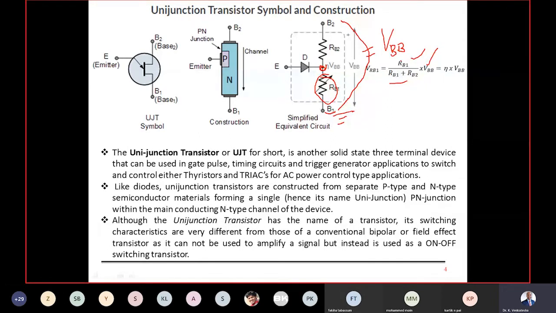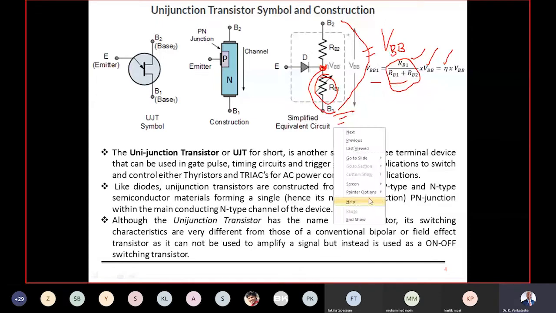The ratio RB1 by RB1 plus RB2 is called eta, the intrinsic impedance ratio, eta. And VRB1 is basically the voltage drop from the emitter junction point, the cathode point, to my base point. So it is nothing but the main voltage VBB times RB1 by RB1 plus RB2. That is nothing but my voltage division technique.